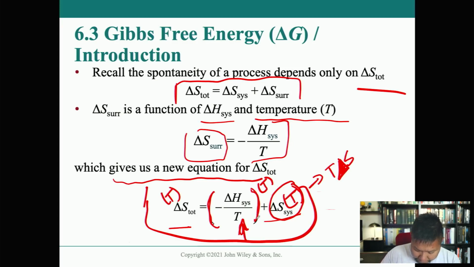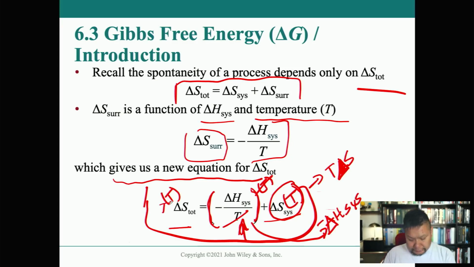Well, that's simple. Those two T's cancel out, and so what you get here is negative delta H system by itself. And then over here you get T delta S total.